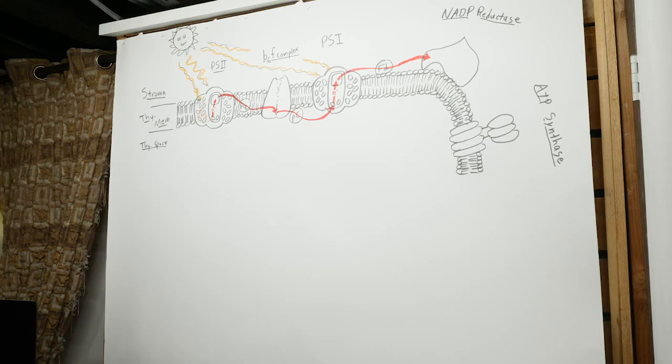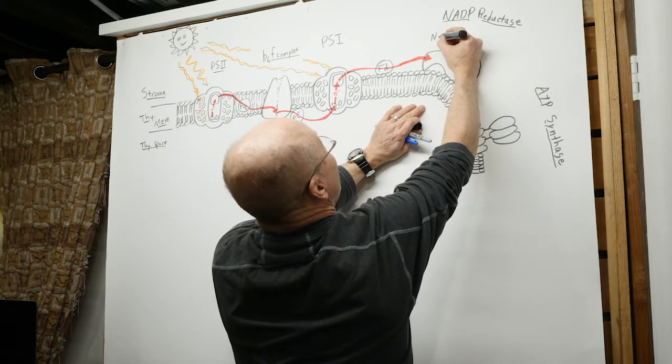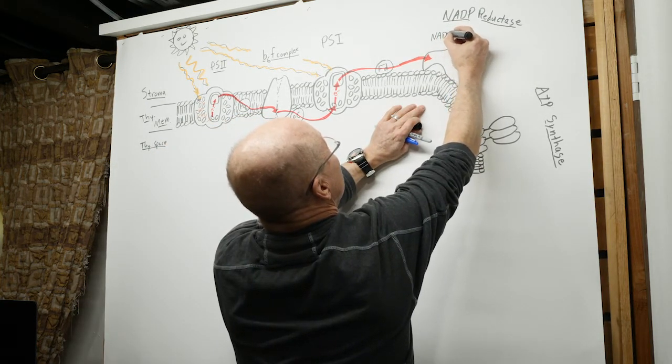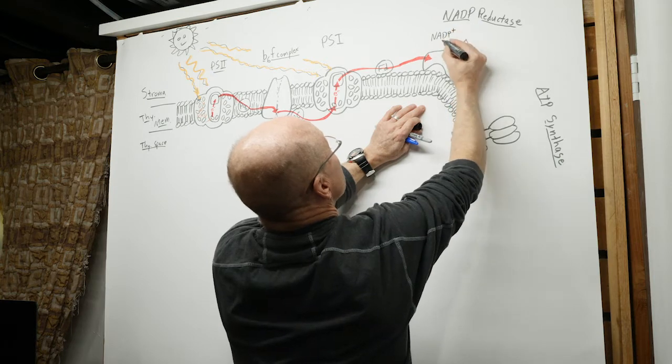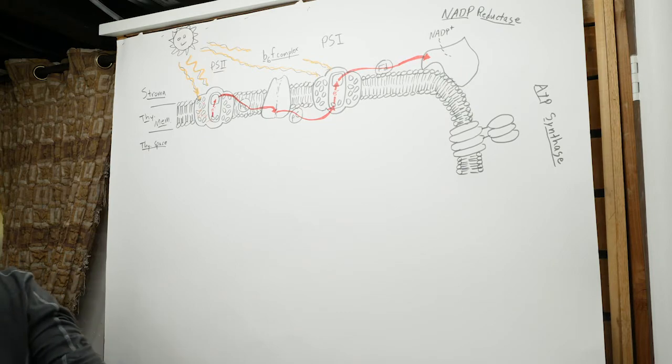Excellent. And then lastly, I'm going to add some things to this process now, very important for NADP reductase. So here we will have NADP plus. That's going to be part of the story.